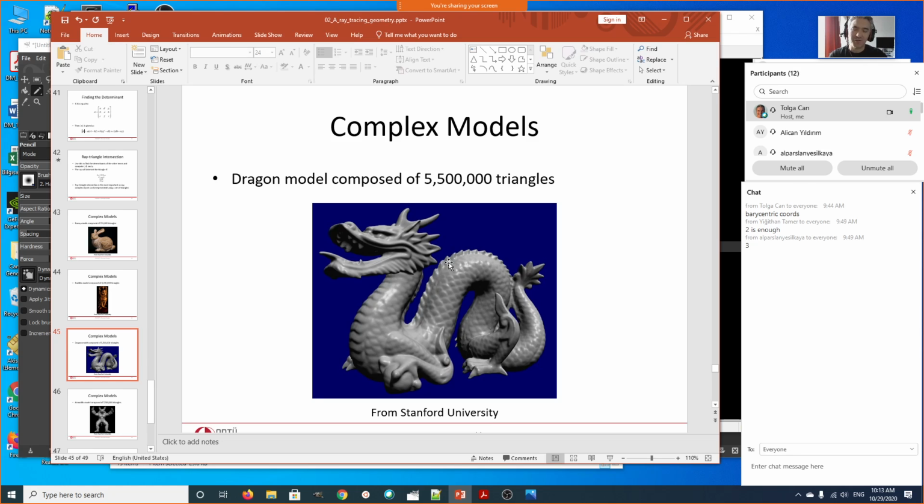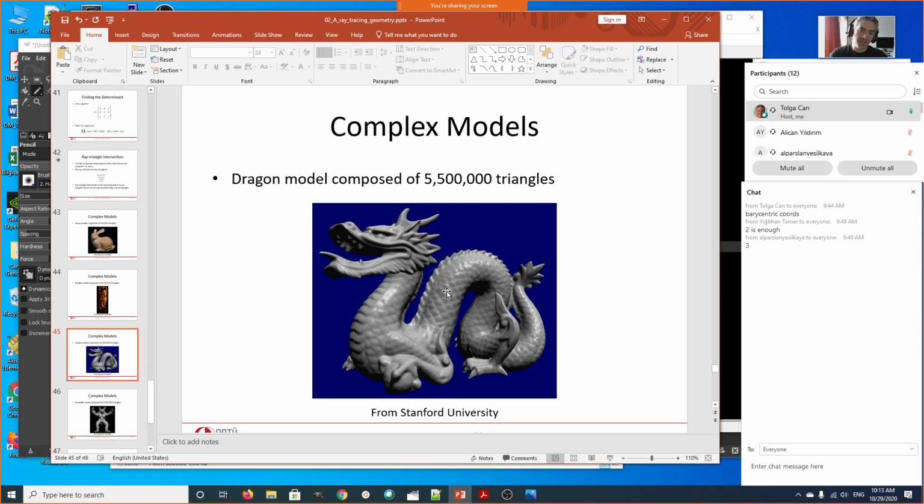Your ray is probably going to intersect with 1 or 2, maybe 3 triangles at most, in a scene with a single object.